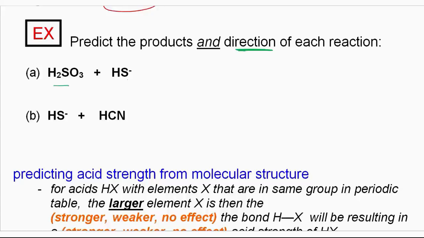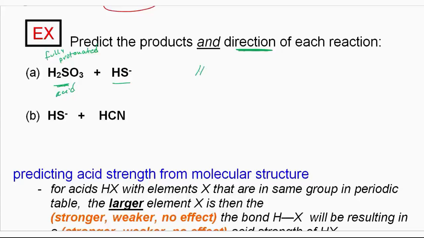So one of these has to act like an acid. One has to act like a base. Which is which? Well, this one is fully protonated. It can't take on any more hydrogens. This one can take on another hydrogen, or it could give one up. It could go either way, but not dihydrogen sulfide. So this has to be acting like an acid.